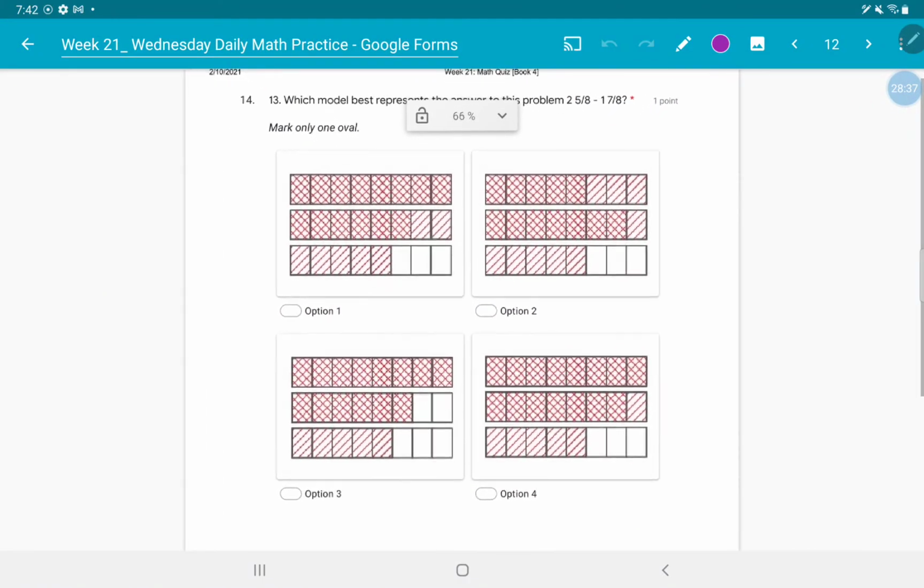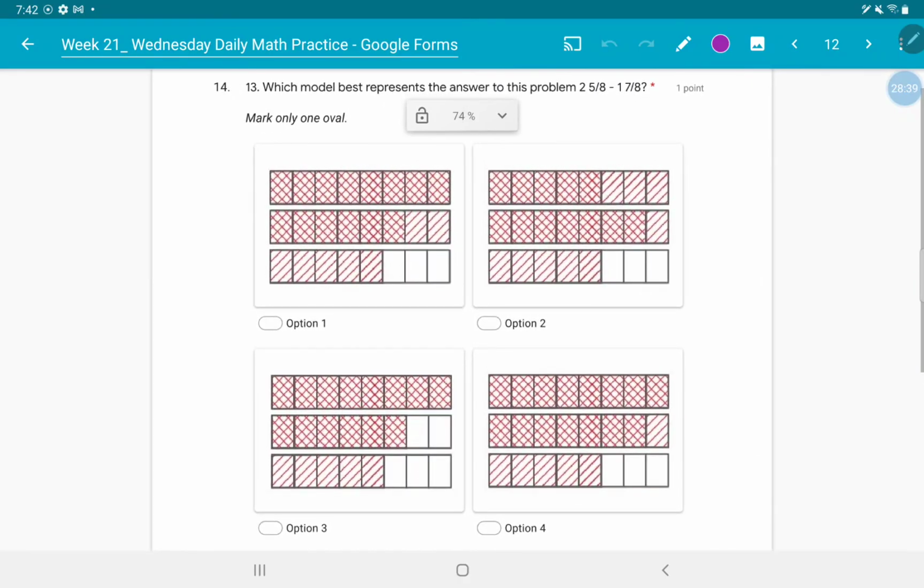All right, number 13. Which model best represents 2 and 5/8 minus 1 and 7/8? So in option 1, we started out with 2 and 5/8. Option 2, we start out with 2 and 5/8. Option 3, we start out with 1.